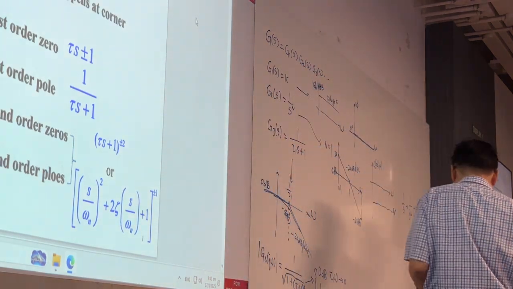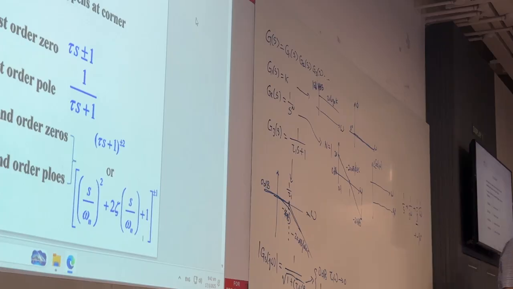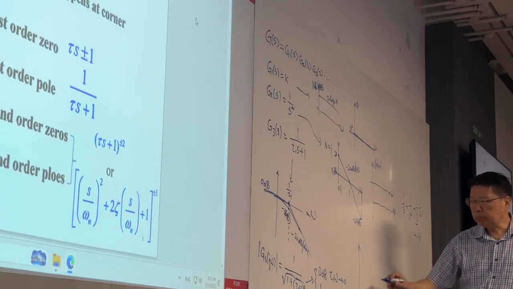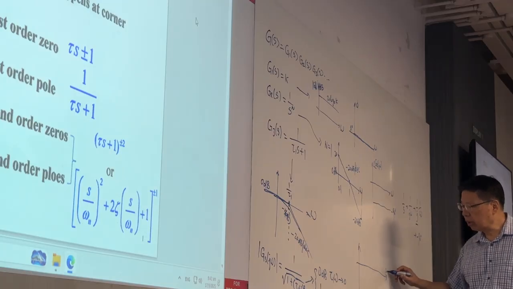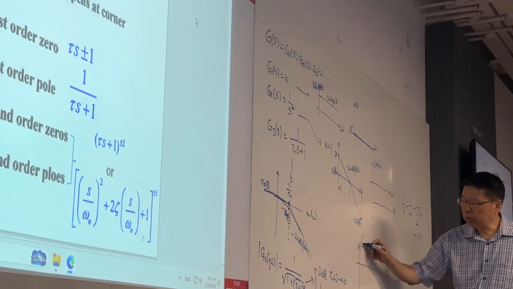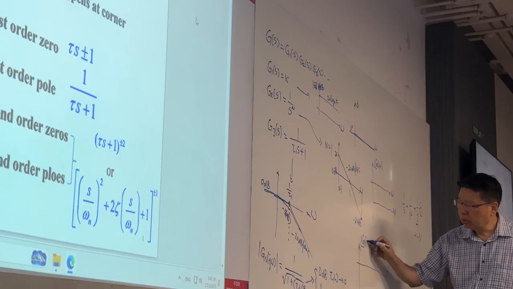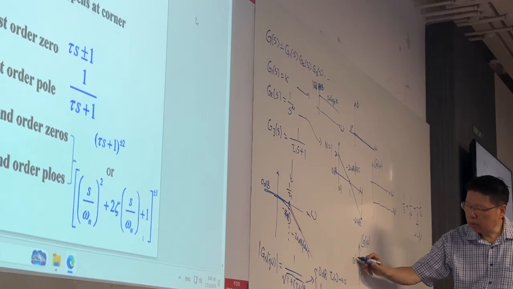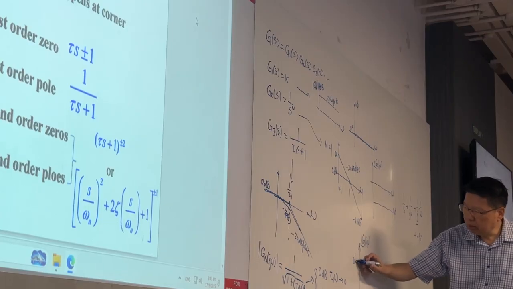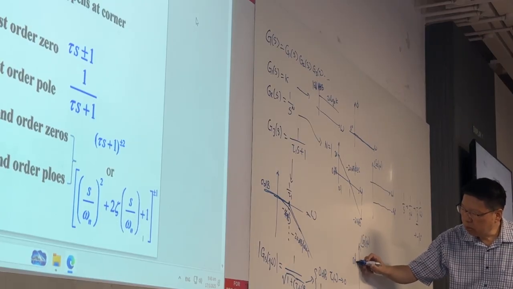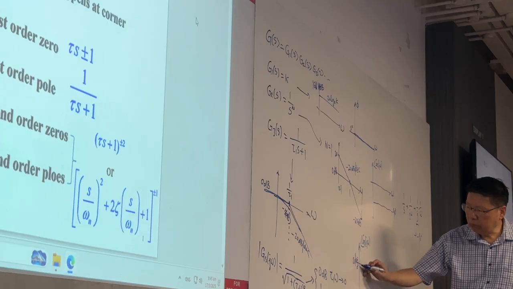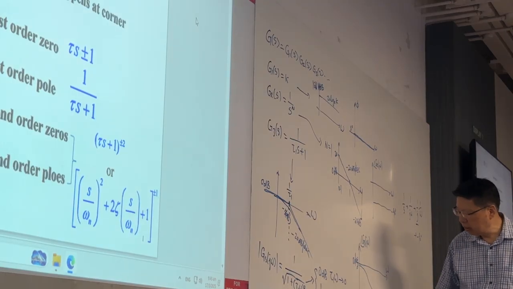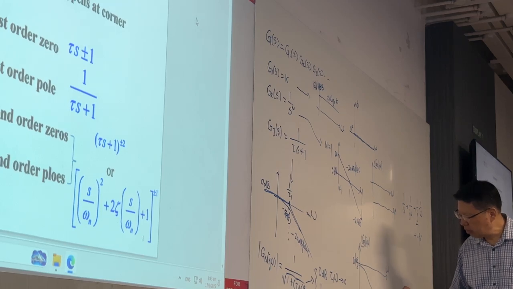For the phase plot, last time we were saying that we use a table. And then you can start at 0 degrees, and it will go from 0 to minus 90. This is minus 90 degrees.